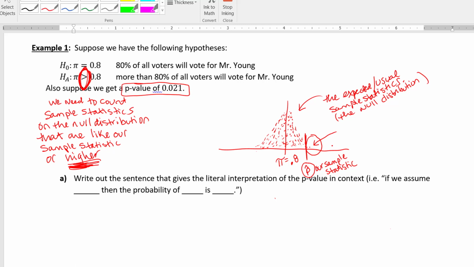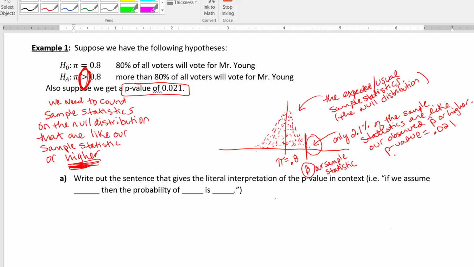Only 2.1% of the dots in the null distribution are like our p-hat or higher. That's what it means to say that the p-value is 0.021 in this situation.